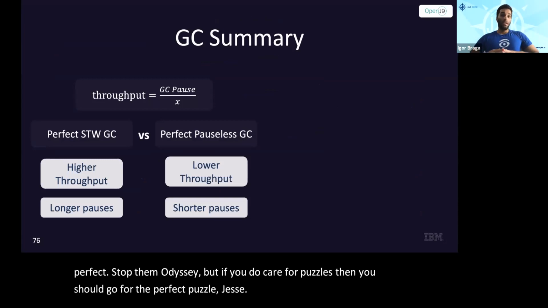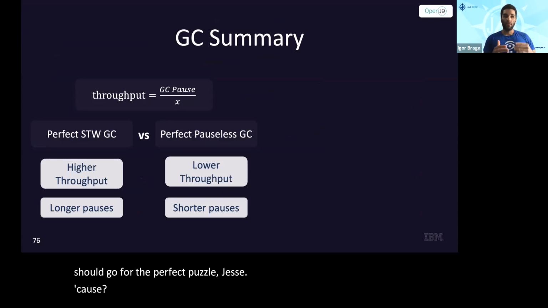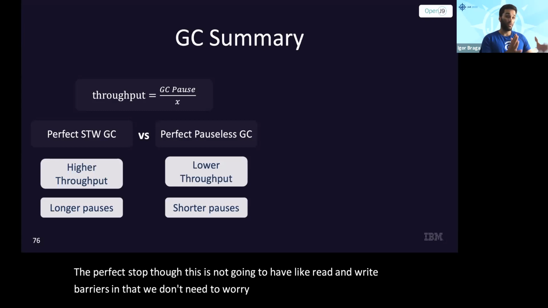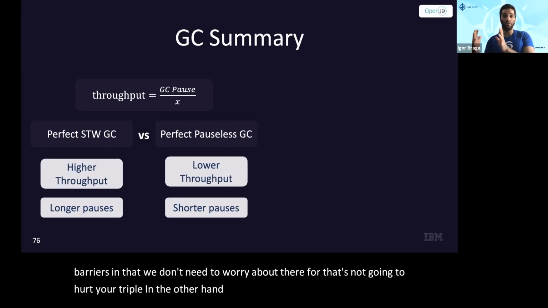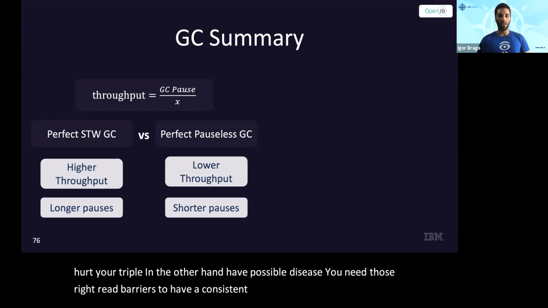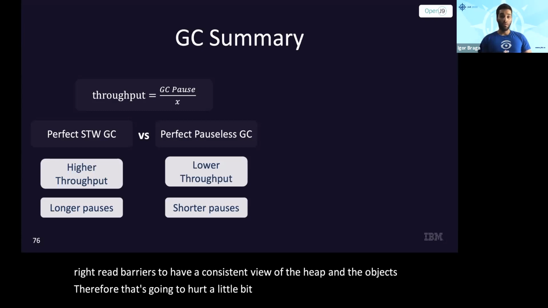The perfect stop-the-world GC is not going to have read and write barriers that you need to worry about, so it's not going to hurt your throughput. On the other hand, with pauseless GCs you need those read-write barriers to have a consistent view of the heap and the objects. That's going to hurt throughput a little bit, but you're going to have shorter pauses there.